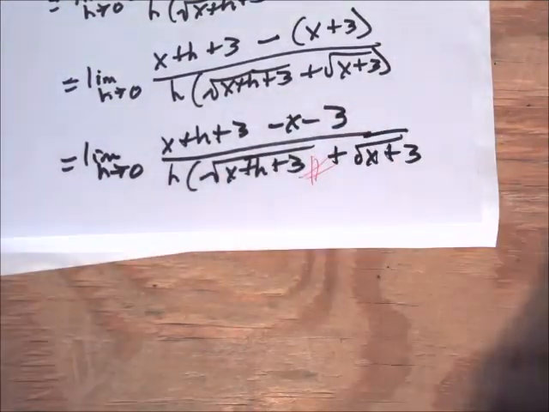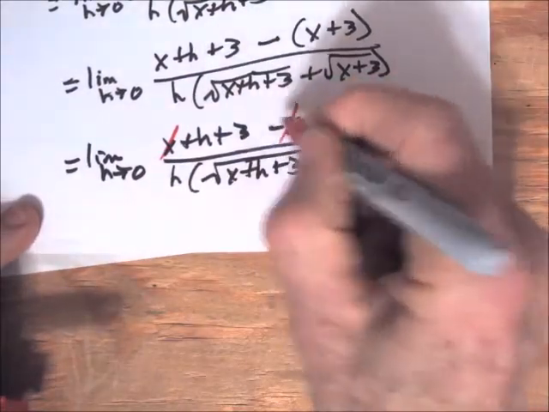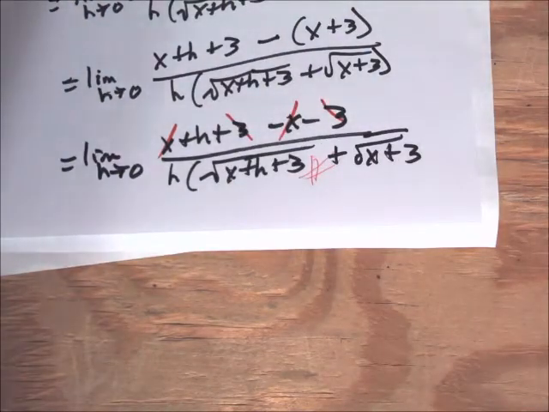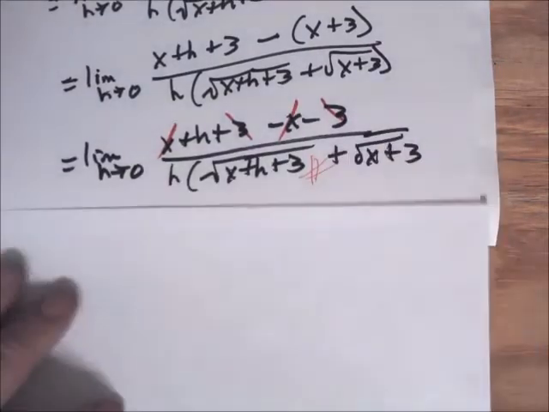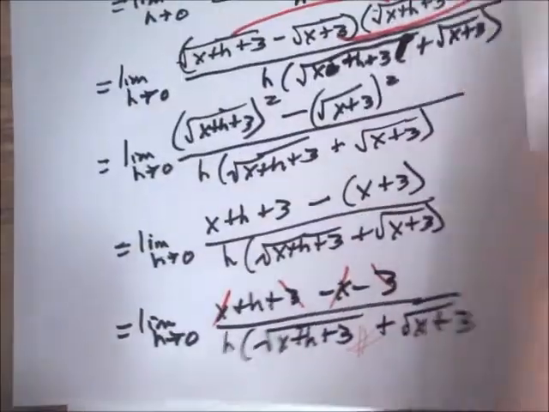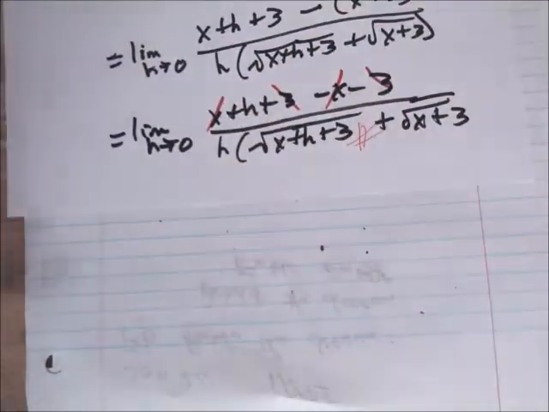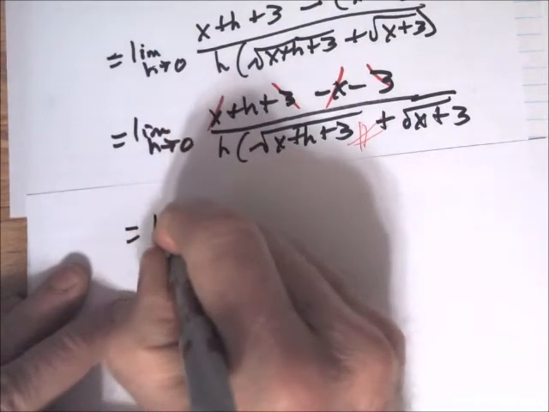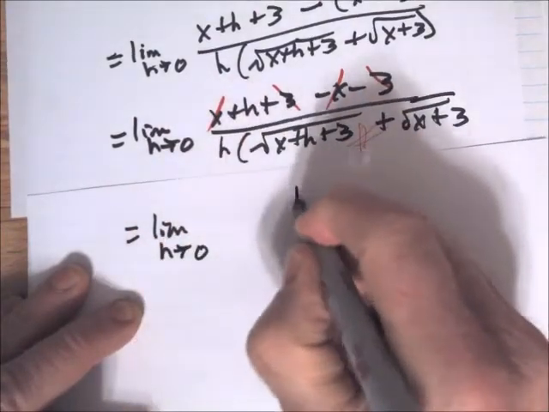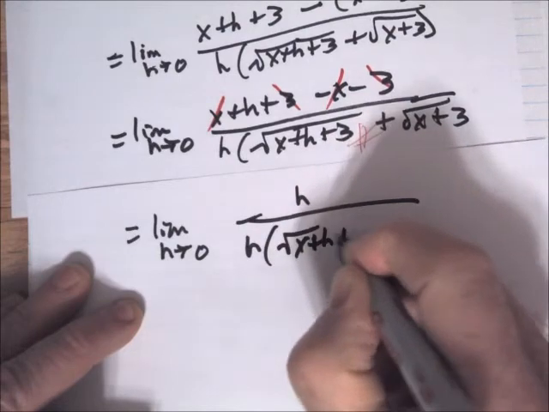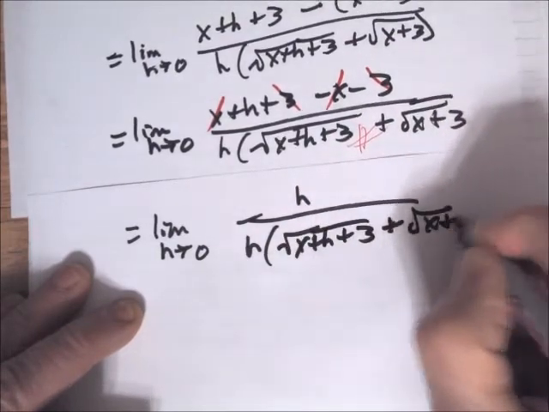Okay, so x minus x will cancel, 3 minus 3 will cancel, so that'll give us the limit as h goes to 0 of h over h times the quantity square root of x plus h plus 3 plus square root of x plus 3.